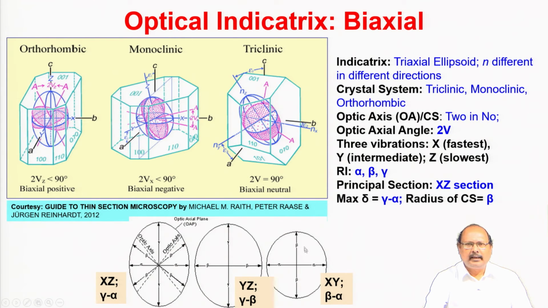Whereas, you can think of another orthogonal orientation, that is the xy plane, where you have the two vibrations x and y, and their corresponding refractive indices, with respect to x, this is alpha, and with respect to y, that is beta. And this is the beta minus alpha. So, this is the lowest value amongst these three.